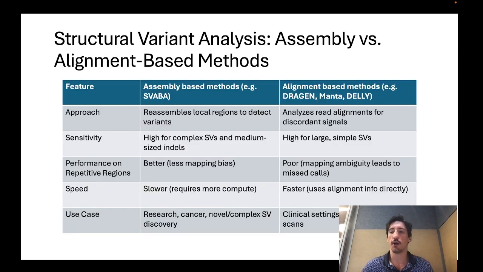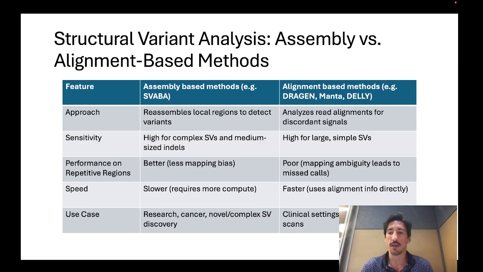And so again, just trying to do a little compare and contrast about why you should be using SvABA, or in what particular situations you would want to be using SvABA versus another tool. Assembly helps resolve ambiguous regions such as repetitive sequences or overlapping rearrangements, which can be problematic for alignment-based approaches that rely heavily on correct initial mapping.